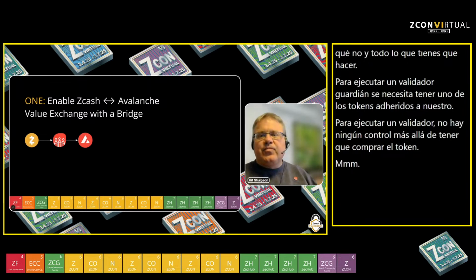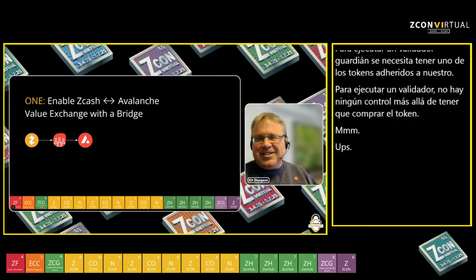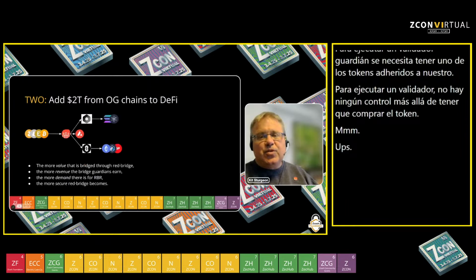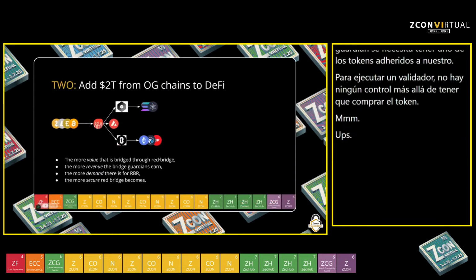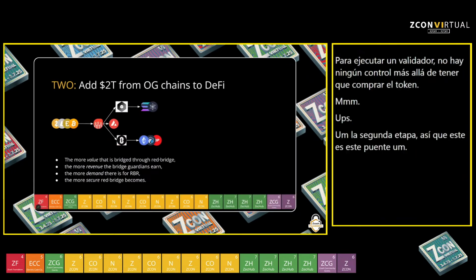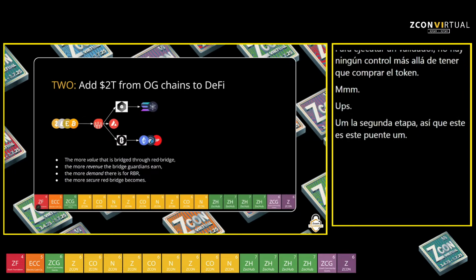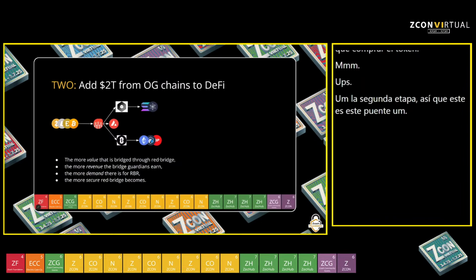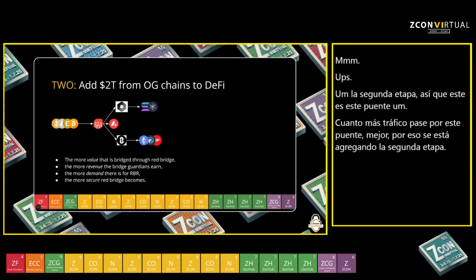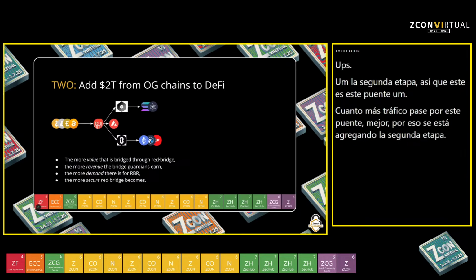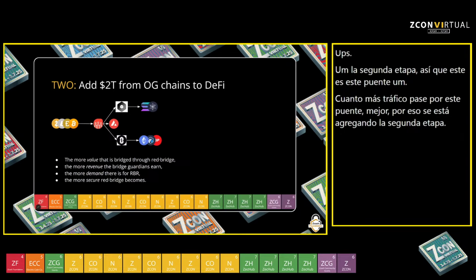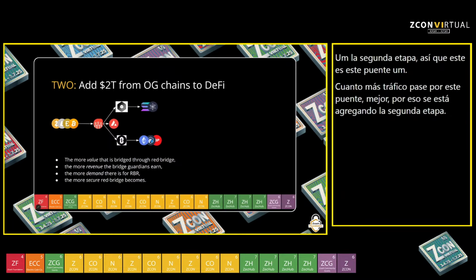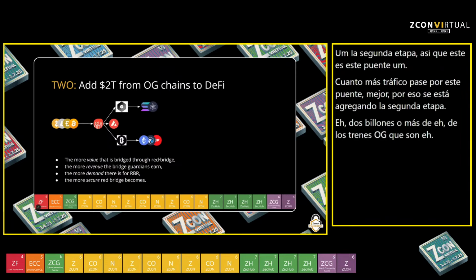The second stage. So this bridge, the more traffic that goes over this bridge, the better. So the second stage is adding $2 trillion or more from OG chains that are software forks of Bitcoin and Bitcoin itself, and bridge those as well.